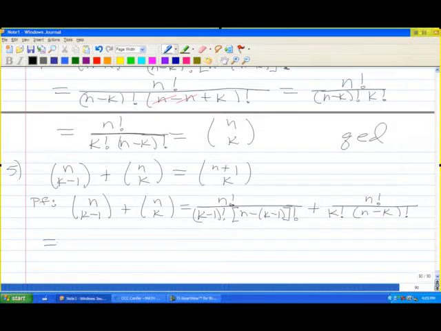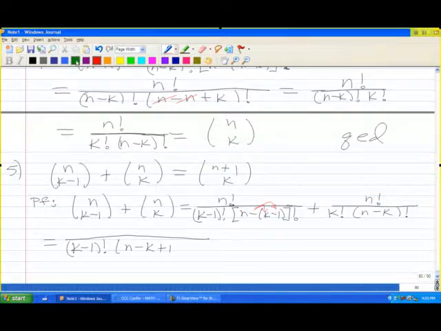So this is equal to n factorial over k minus 1 factorial. This is just n minus k plus 1, just changing all the signs inside the parentheses. This is n factorial plus n factorial. This is k factorial. This is n minus k factorial.